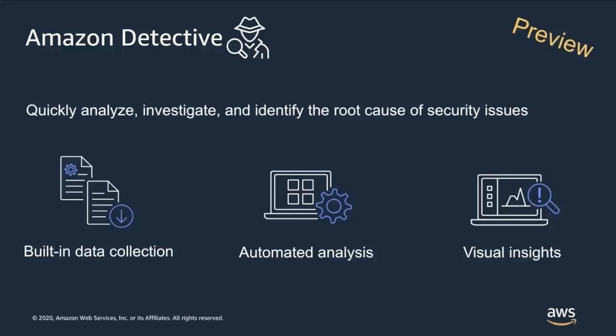Also, providing automation wherever possible. How can we help with the skill shortage, the expertise aspect, as well as the complexity problems? What can we do to automate some of that analysis capability? And then finally, making it visual so that all analysts can do this. It's not just about solving the hard problems, but making sure that anyone could do this. So that's what Amazon Detective is all about.